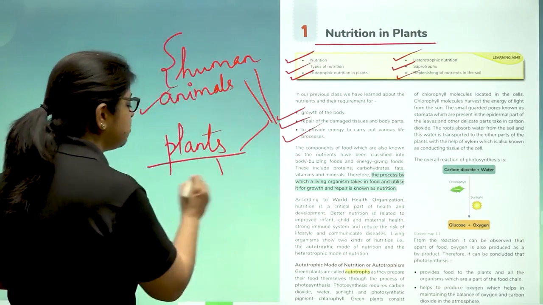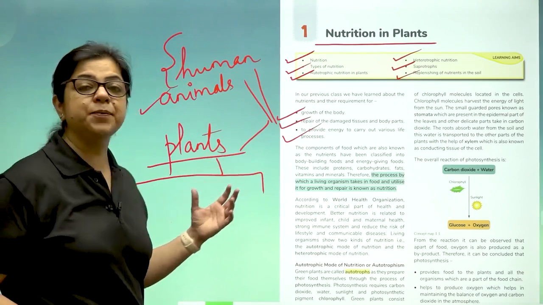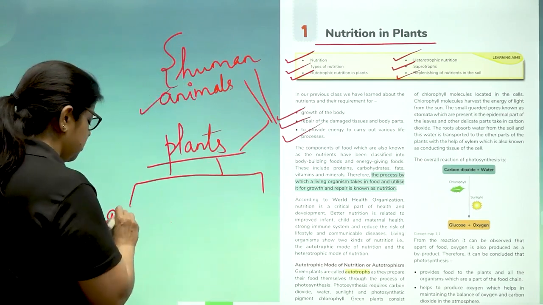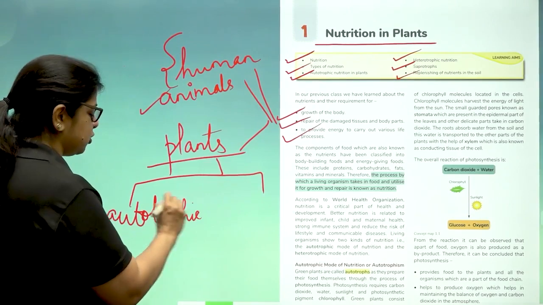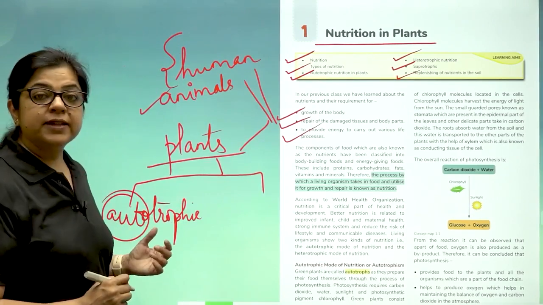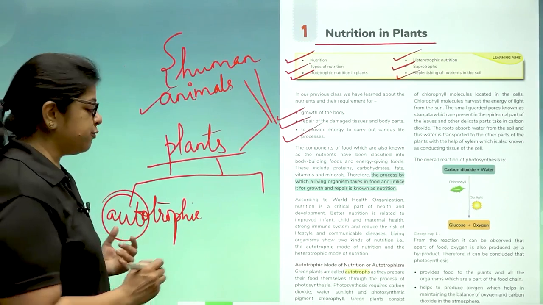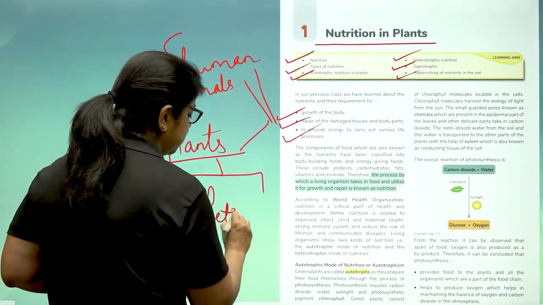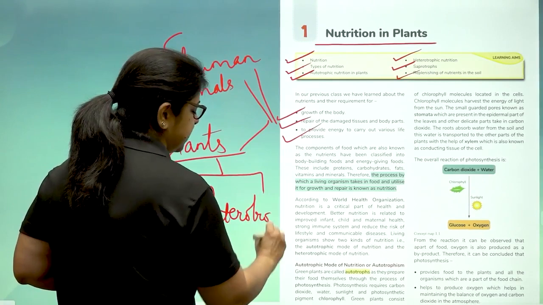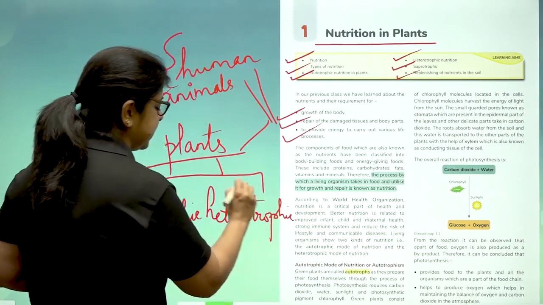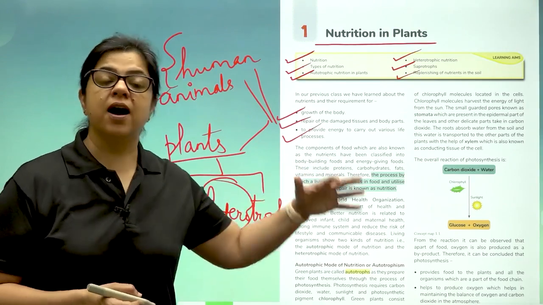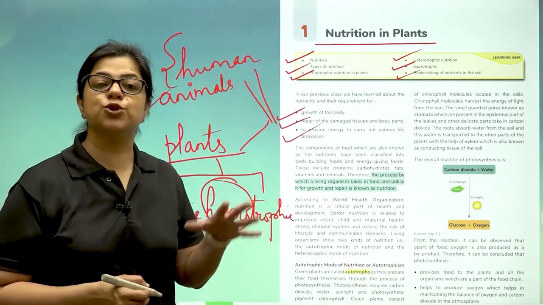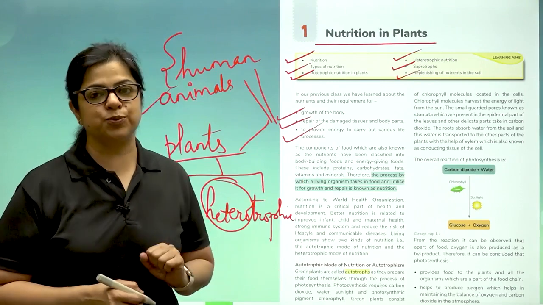So there are two modes of nutrition in plants. They are autotrophic. Auto means self, the plants that can make their own food, and heterotrophic, that means plants that cannot make their own food and they depend on other plants or other sources of nourishment.